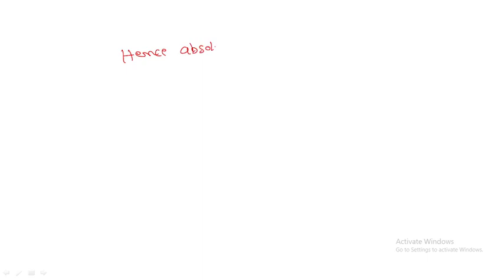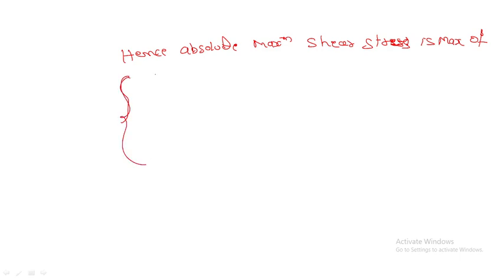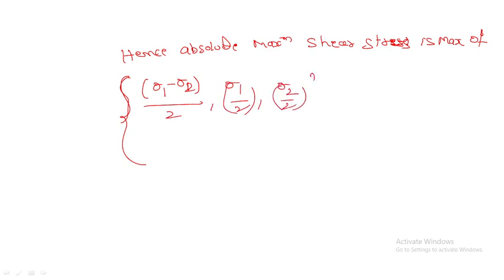So hence the absolute maximum shear stress is the max of (σ1 minus σ2) divided by 2, comma σ1 by 2, comma σ2 by 2, right?